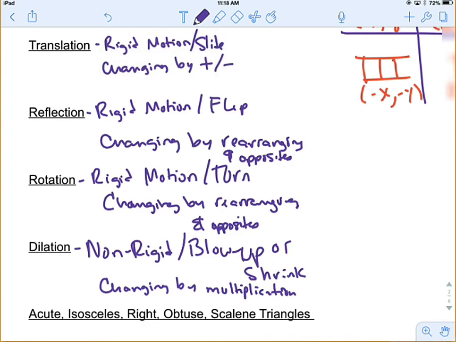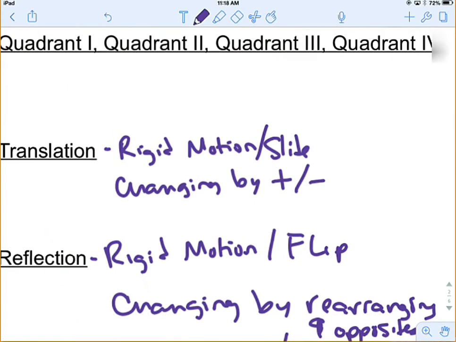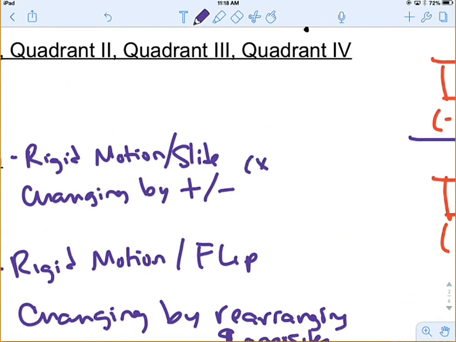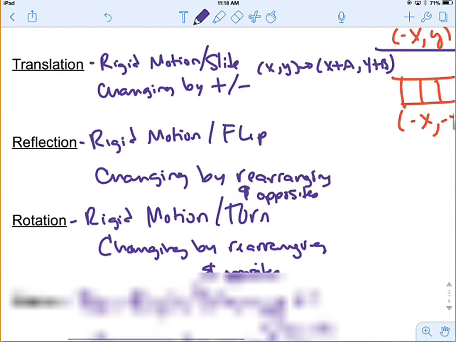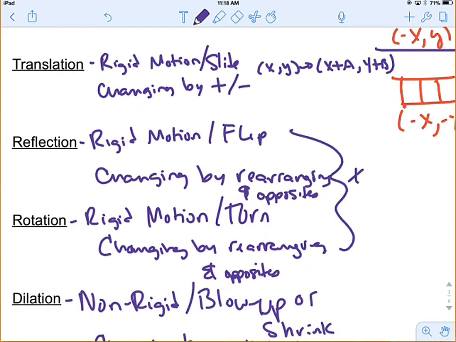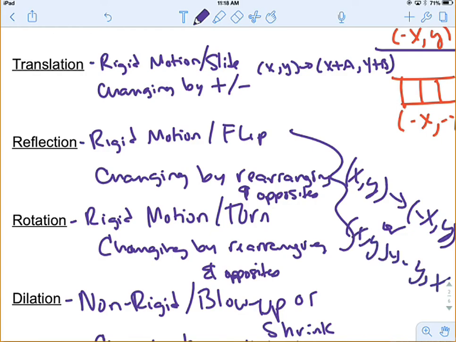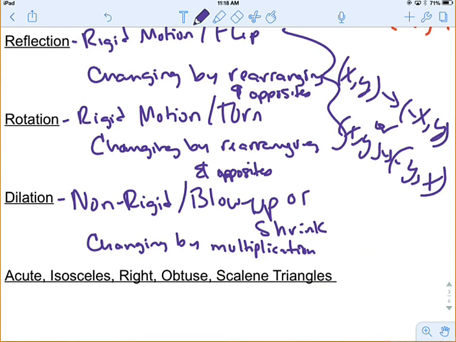Okay, so in other words, for a translation, this would be like x, y going to x plus a, y plus b. For a reflection and a rotation, this would be like x, y going to negative x, y, or something like x, y going to negative y, comma x. So you're using the same x and y values, you're just kind of moving them around. And dilation, this is x, y going to xk, yk.